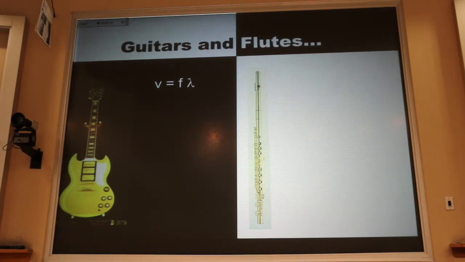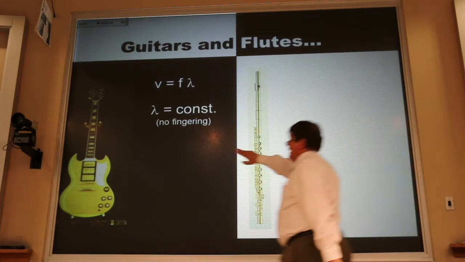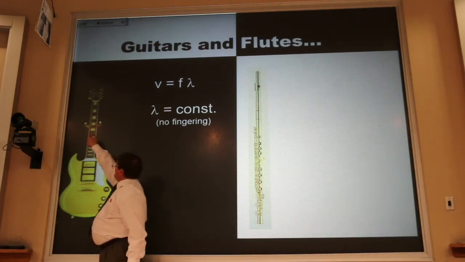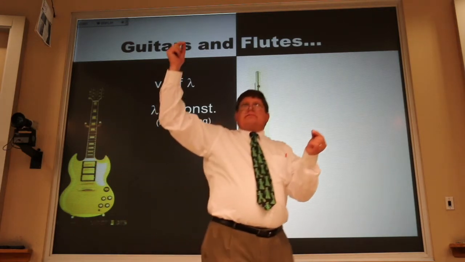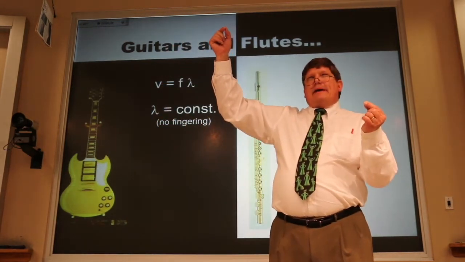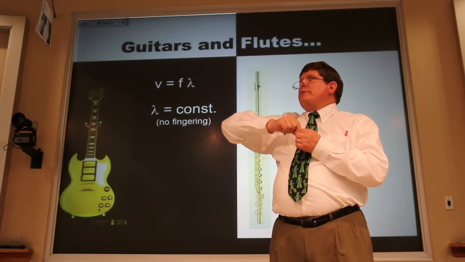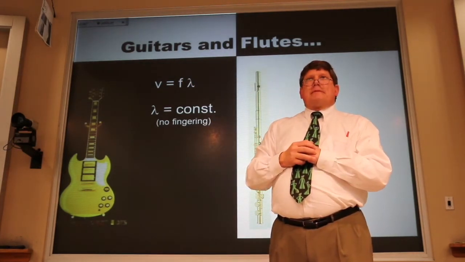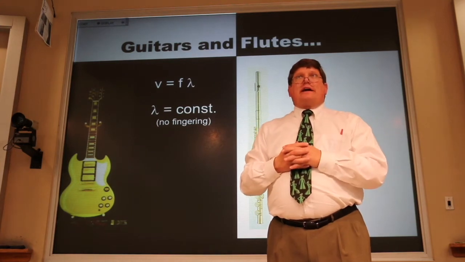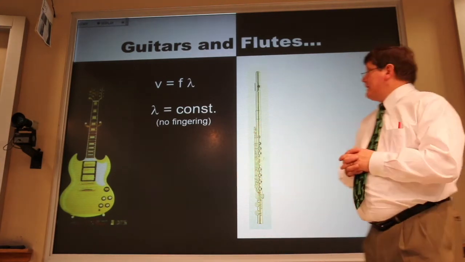Well, on a guitar string, if I don't put my finger on one of these frets, if I don't push down on the string, it is fixed in length. And the first harmonic is going to be twice the length of the string. So there's nothing I can do about that. It is what it is.